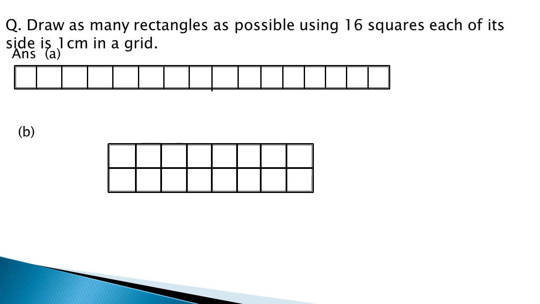In answer A, we have drawn 16 squares in a single row, while in answer B, we have drawn two rows and each row consists of 8 squares. All right, so let us see another way.